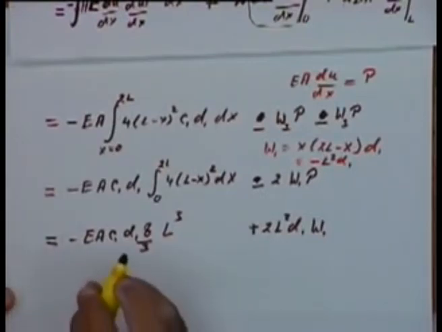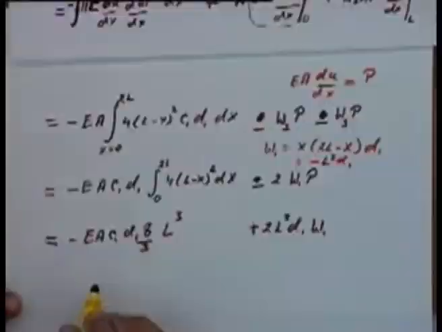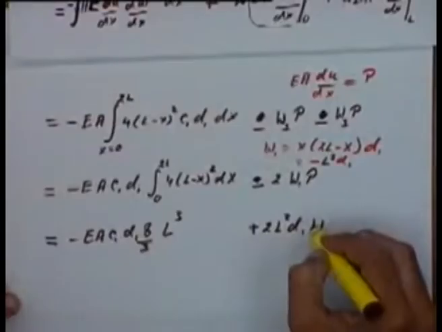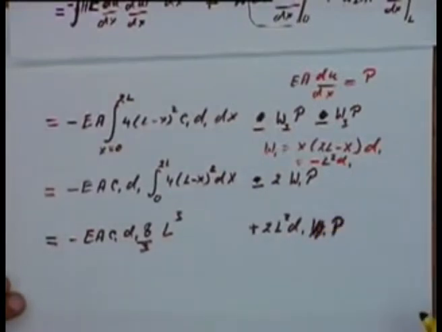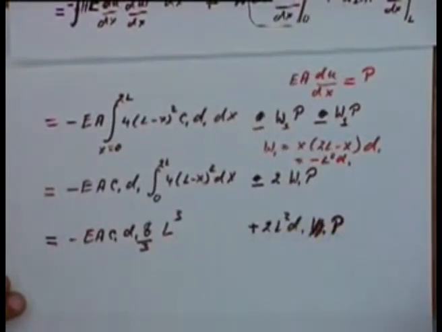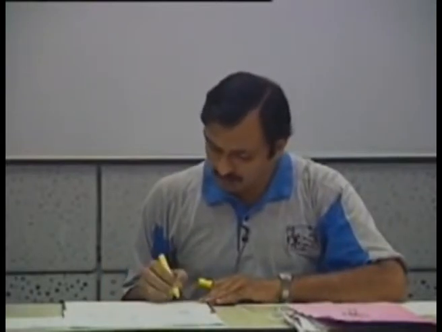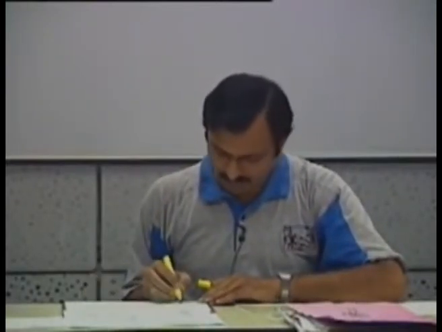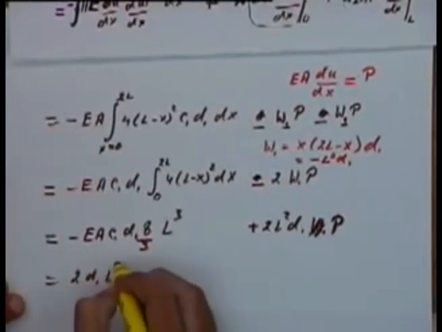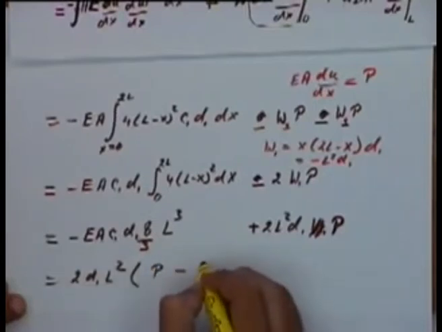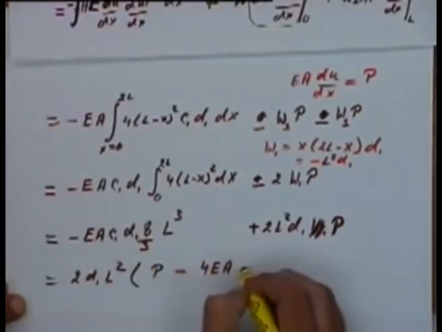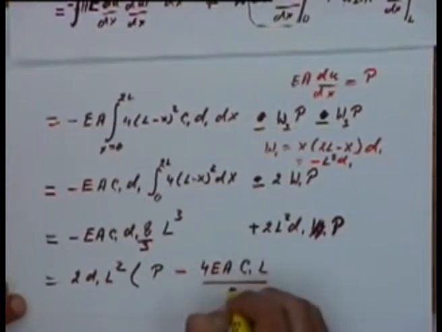Should this be W1 or P, sir? This would be P. Thanks. Okay, this will be 2L squared D1 times P. Now this is equal to, if you take 2 D1 L squared as common, we will get P minus 4 EA C1 L by 3.